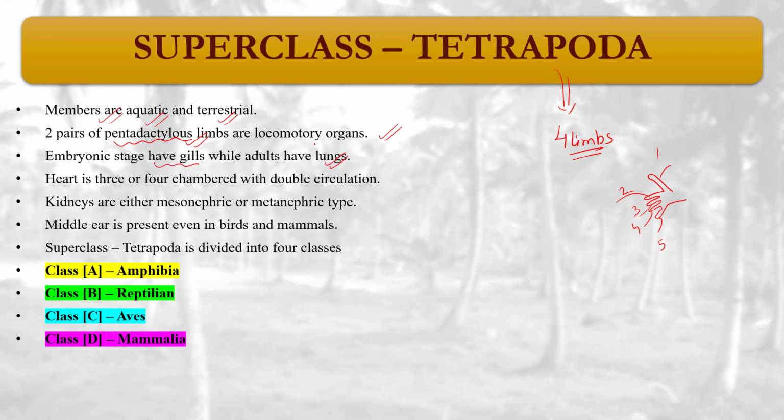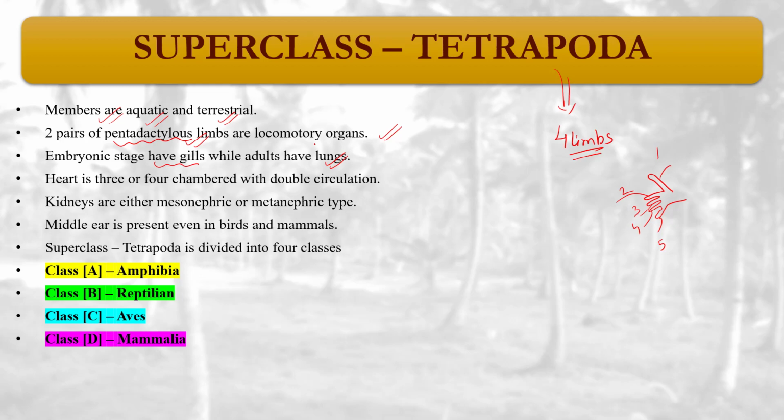Because now they have to crawl on the land surface, on the terrestrial regions, and that is why they possess lungs which can help them to breathe atmospheric oxygen. They have to breathe in dry air, and because of this dry air their body can lose moisture content.